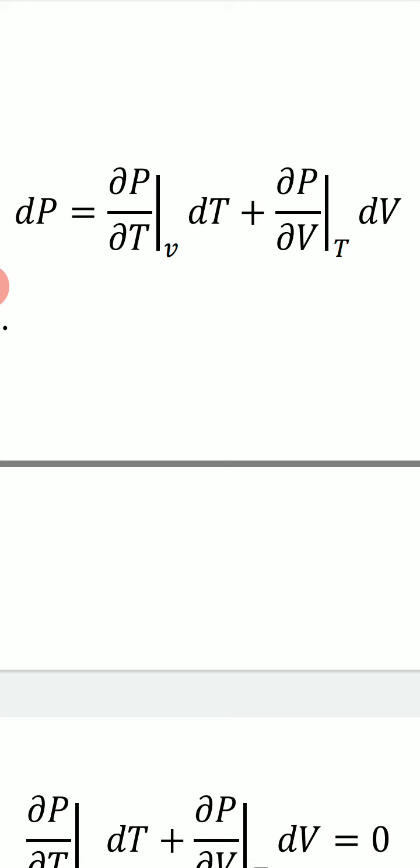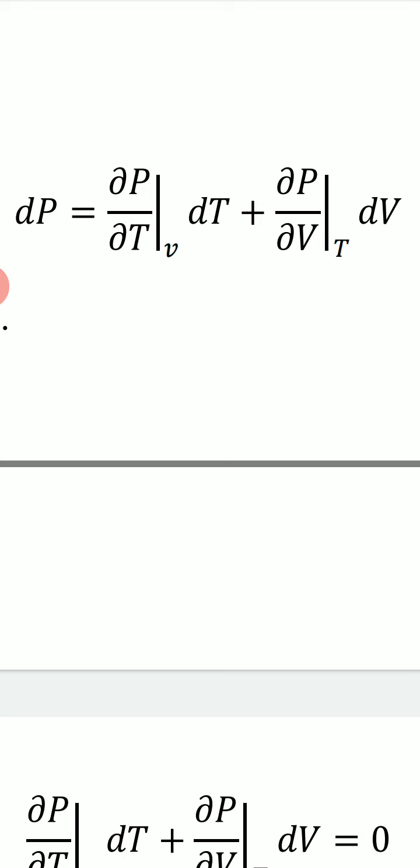P is a function of T and V, so we make differentiation first with respect to T and then with respect to V. When differentiation is with respect to T, V is constant, and when differentiation is with respect to V, then T is constant.